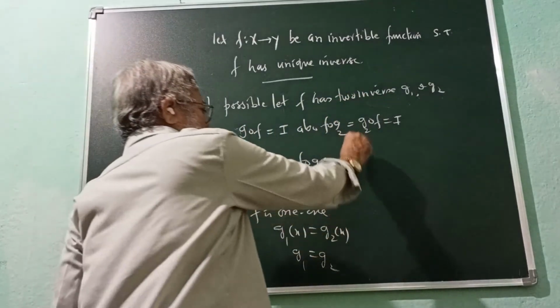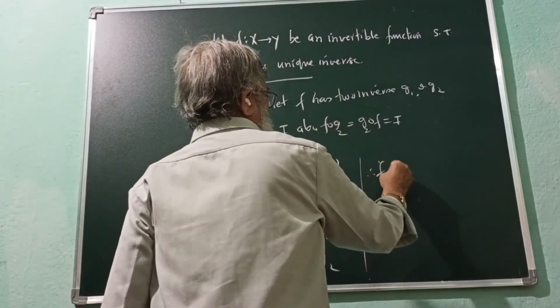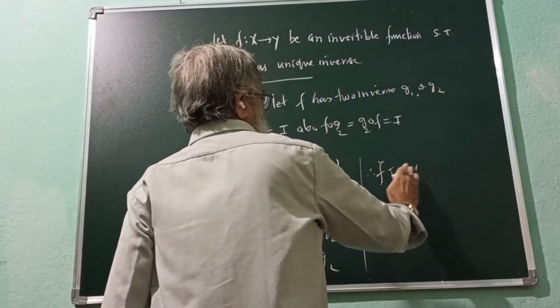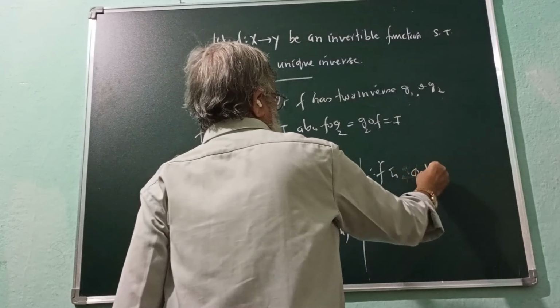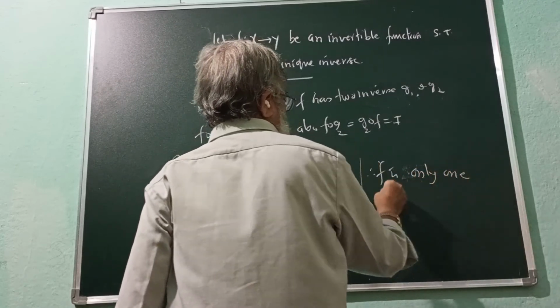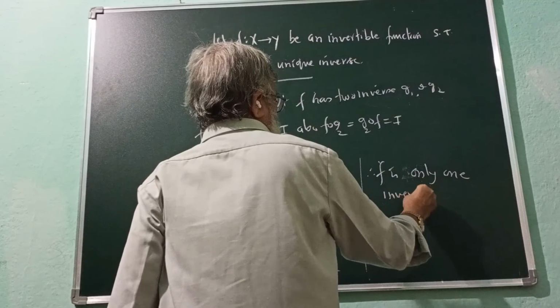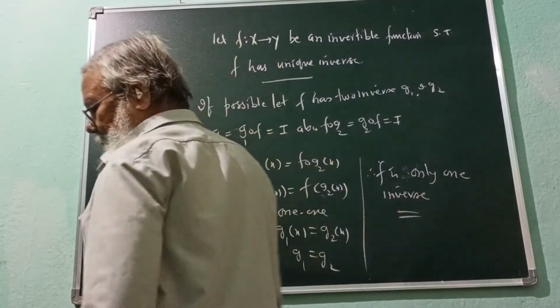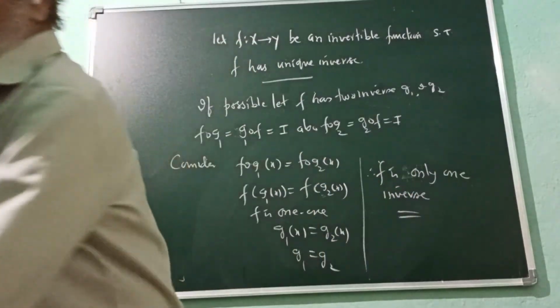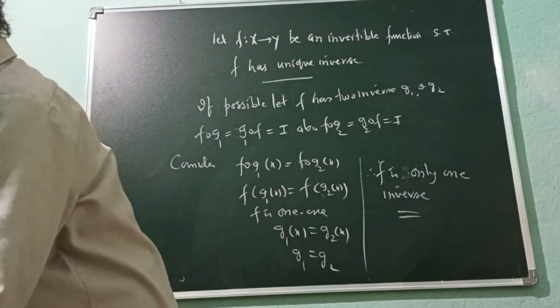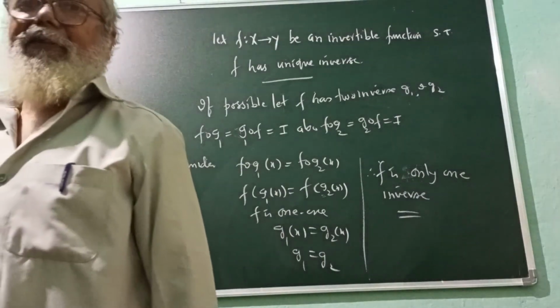Therefore f has only one inverse. The remaining part of this chapter is the binary operation, which we will discuss in the next video.